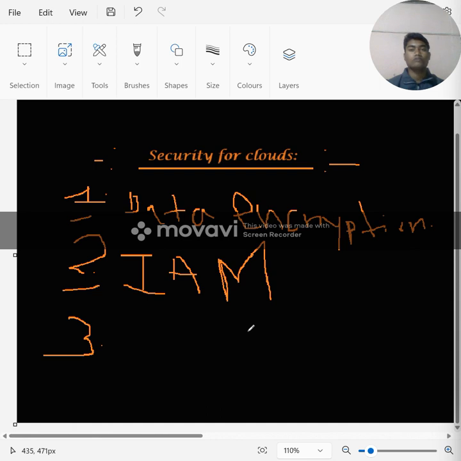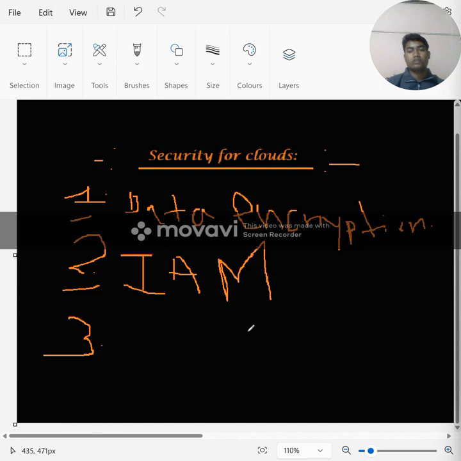Cloud providers should secure the physical data centers and network infrastructure to prevent unauthorized access, data breaches, or other physical threats. That is mainly infrastructure security. Suppose you are a client, and there are different organizations, for example.